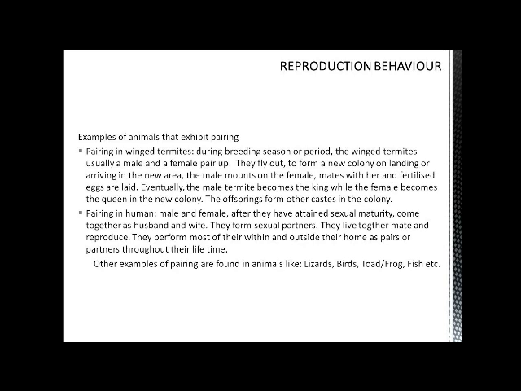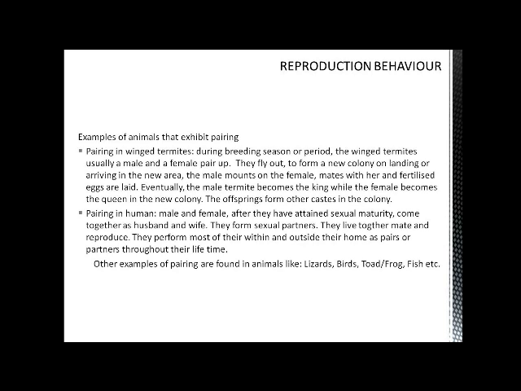So this is how it happens in the case of the winged termite. Two organisms separating themselves, the male mounting the female, laying fertilized eggs, giving birth, forming their new colony or group.